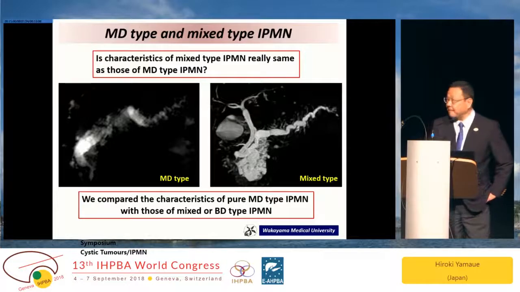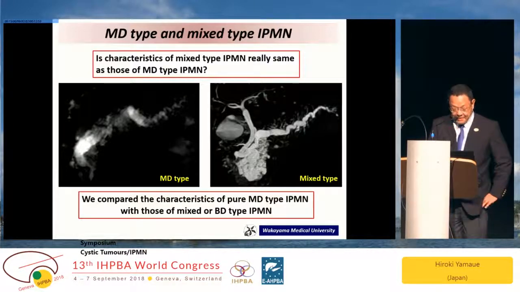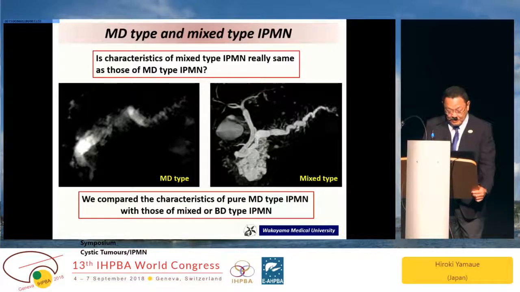The left figure shows pure main duct type IPMN, and the right side is, of course, mixed type. We compared the characteristics of pure main duct type IPMN with those of mixed or branch type IPMN.